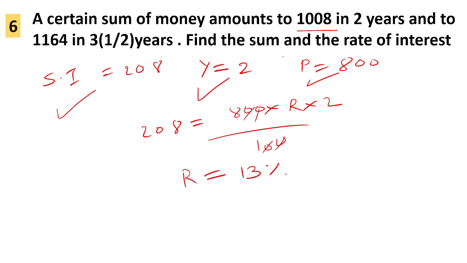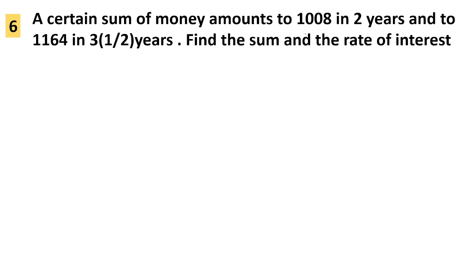So they were asking for the sum and the rate of interest. We got both. The sum will be 800 and the rate is 13%. Just subtract these two terms. We got this for 2 years and this for 3.5 years. If we subtract, we get the simple interest for the remaining years, 1.5 years, that is 156.